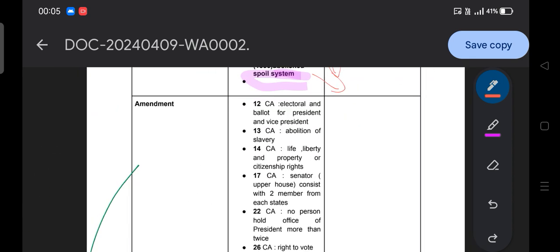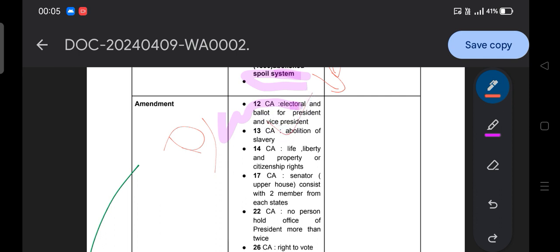Now we will switch to the amendments, and it is very important from our exam point of view with respect to USA amendments, and here you can definitely get a question, I can assure you. Okay, the 12th constitutional amendment covers the electoral ballot for president and vice president.